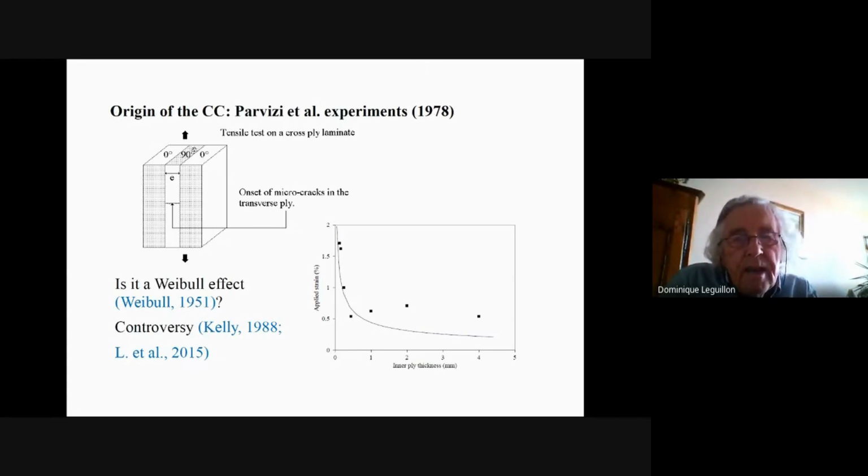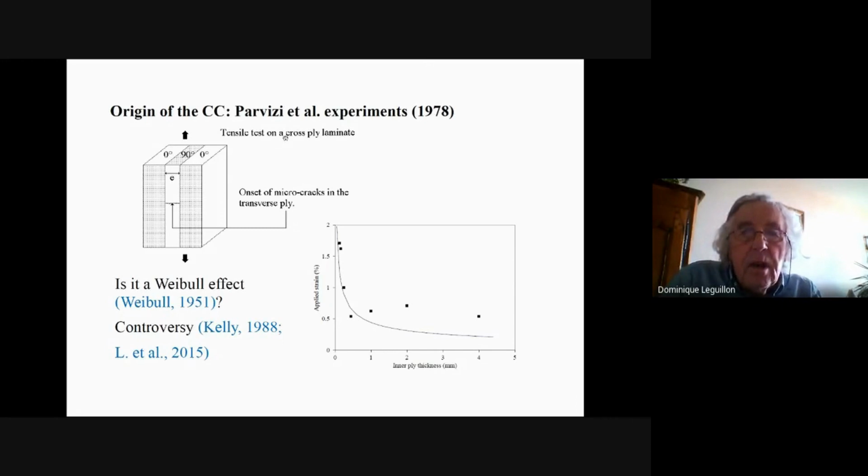And inside there is a 90 degree layer, where the fibers are orthogonal to the load. In this kind of experiment, the first form of damage you can observe is a transverse crack in this layer. One transverse crack, and many others if you increase the load.